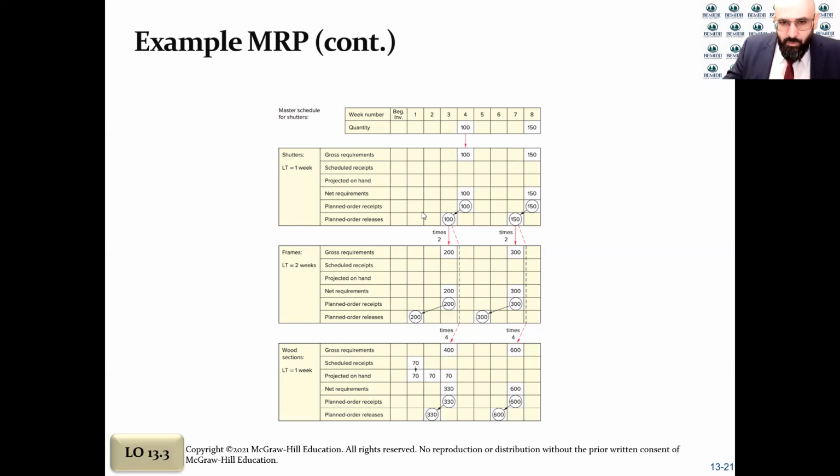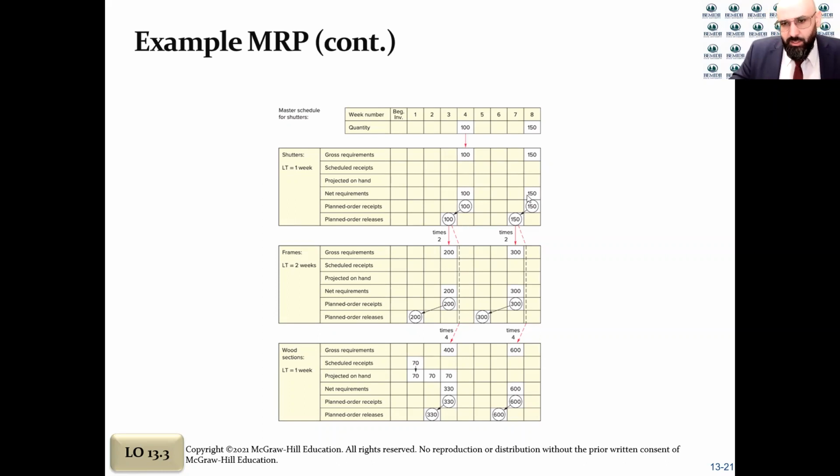In order to make the 100 available in week 4, we have to plan ahead of time. So we have to start working on it on week 3. On week 3, we will do the order release, and then we will receive it on week 4. And this way we could make it available to the customer.